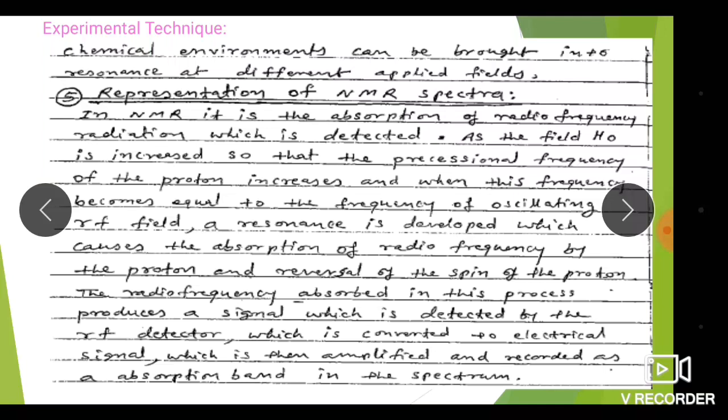So due to the spin of the proton, the radio frequency absorbed in this process produces a signal which is detected by the RF detector. Whatever signal is formed after absorption is detected by the RF detector, converted to an electrical signal, amplified, and recorded as the absorption band in the spectrum.